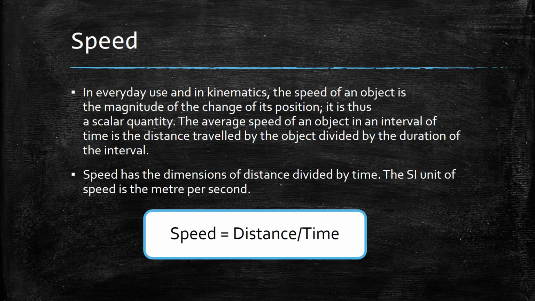Here we are going to calculate in kilometer per hour for now, and then if we want we can change it into meter per second. Distance is 100 kilometers and time is 2 hours, so when we divide 100 by 2 we get 50. So that will be 50 kilometers per hour. That will be the speed of the car which takes 2 hours to travel 100 kilometers. This is how we calculate speed.